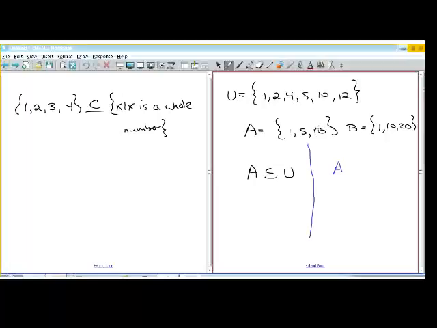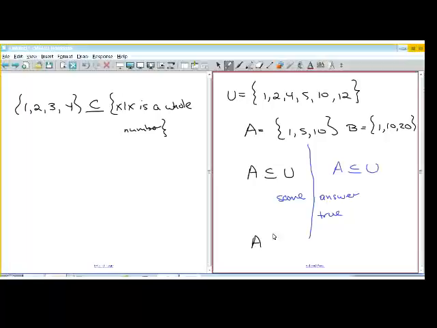So you look and see that every element in A is in the universal set. So my conclusion would be that A is a subset of U. If their answer is the same as your answer, then it's true.